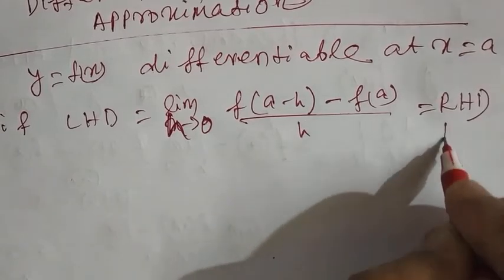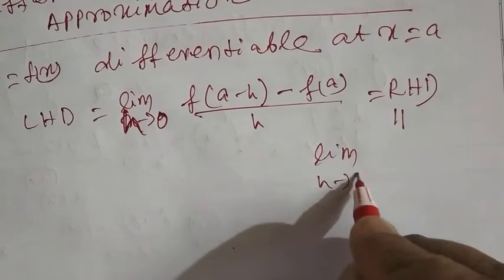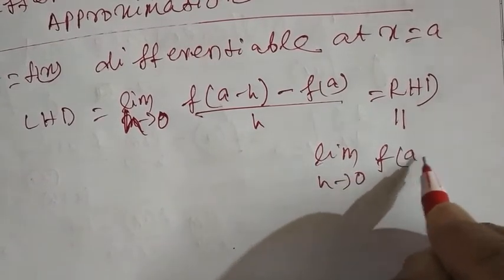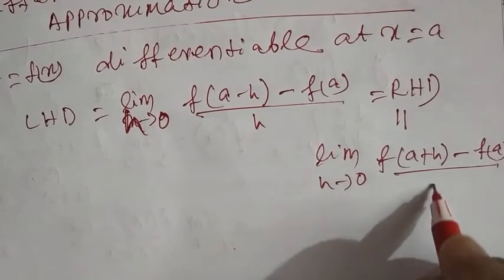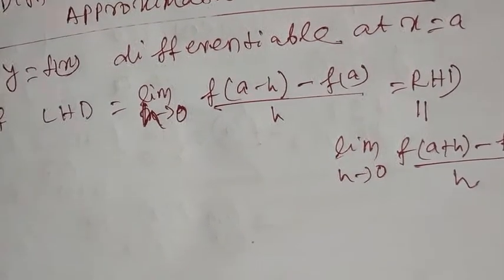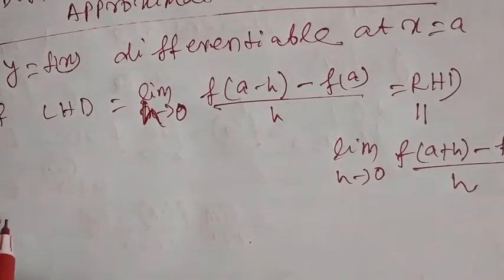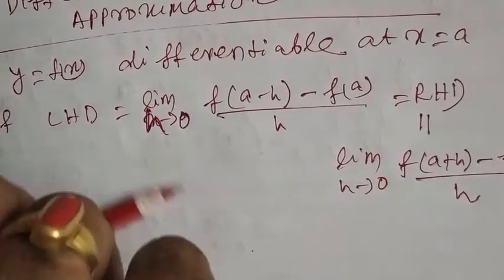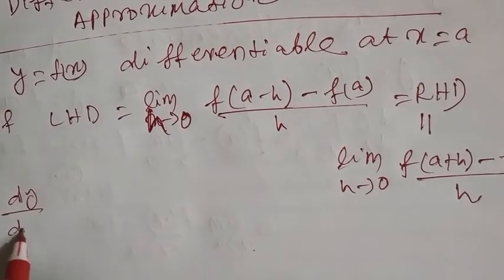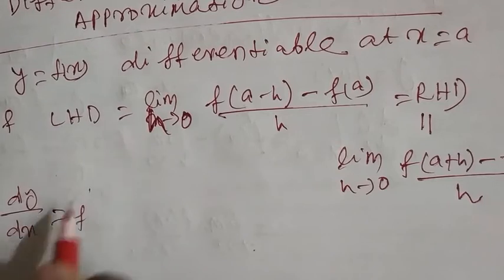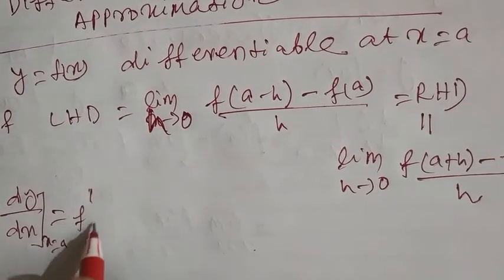What is RHD? That is limit h tends to 0 of f(a plus h) minus f(a) divided by h. And when a function is differentiable, then its derivative at x equal to a is dy by dx, that is f dash a.